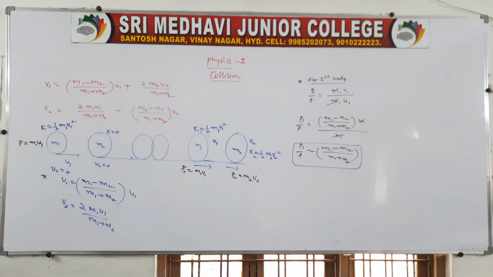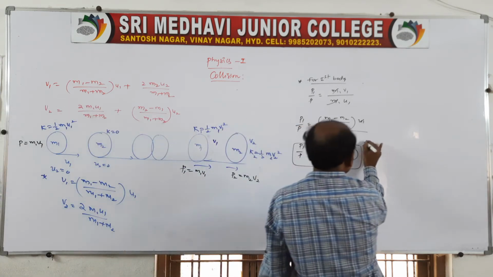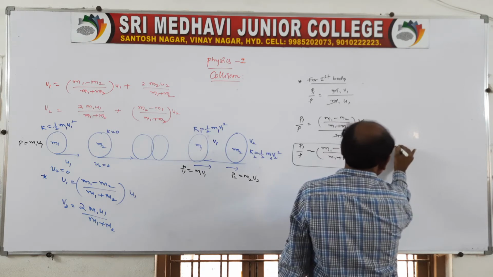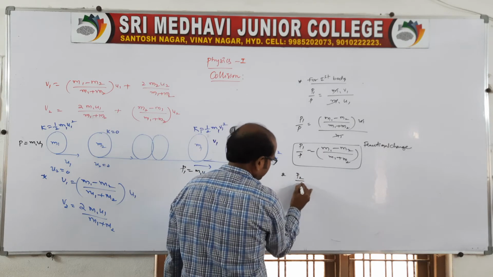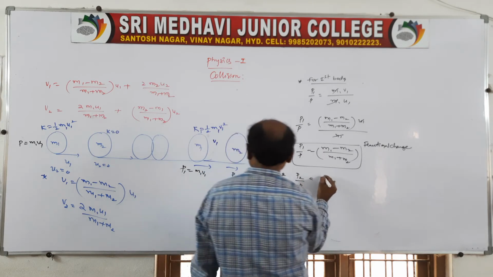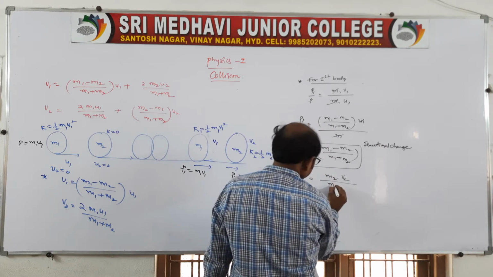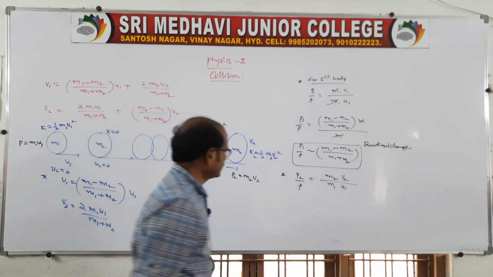So the first body momentum ratio, we can also call the fractional change. And you go for the second, p2 by p. What is p2 now? That is m2 v2 by m1 u1. Clear?